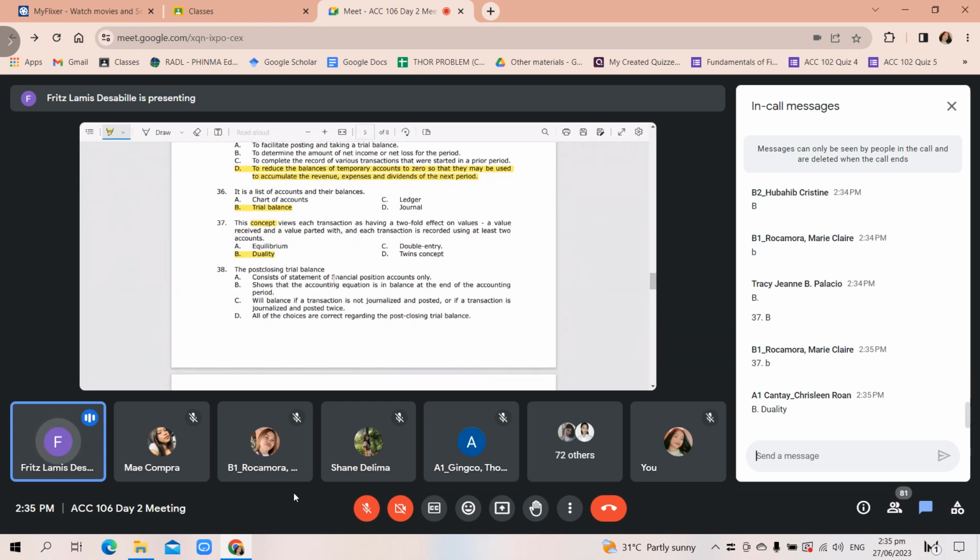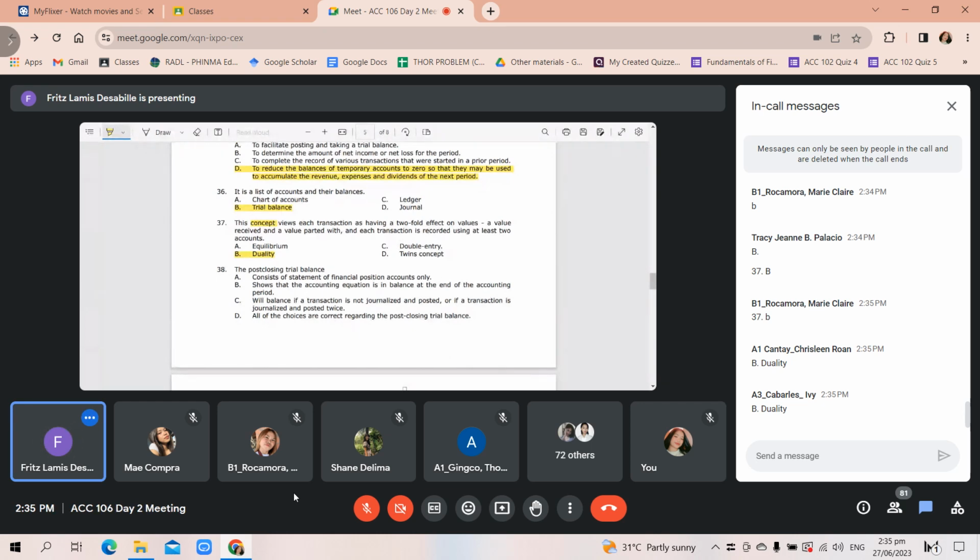The double entry, no, maybe you will be confused between letter B and letter C. The double entry just means that an entry or a journal entry should have at least one debit and one credit. But the concept on which the double entry is based is the duality concept.